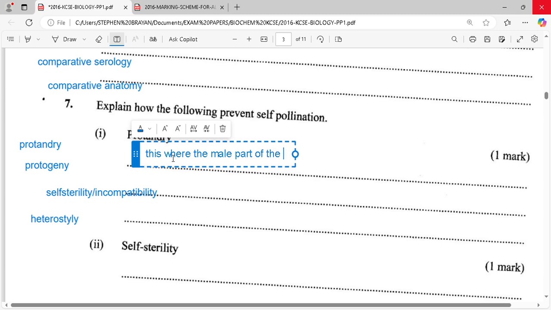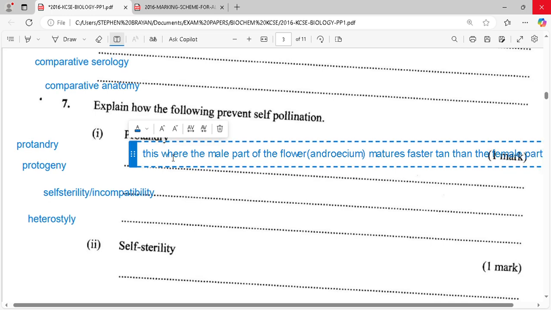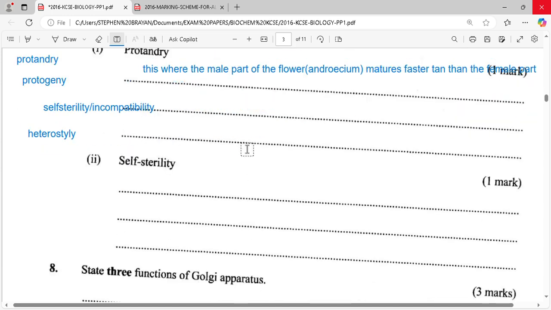You must also remember that the female part is called gynoecium. So the male part of the flower, androecium, matures faster than the female part. That means the male part will mature faster to shed the pollen grains before the female part is mature to receive them. So that hinders self-pollination.